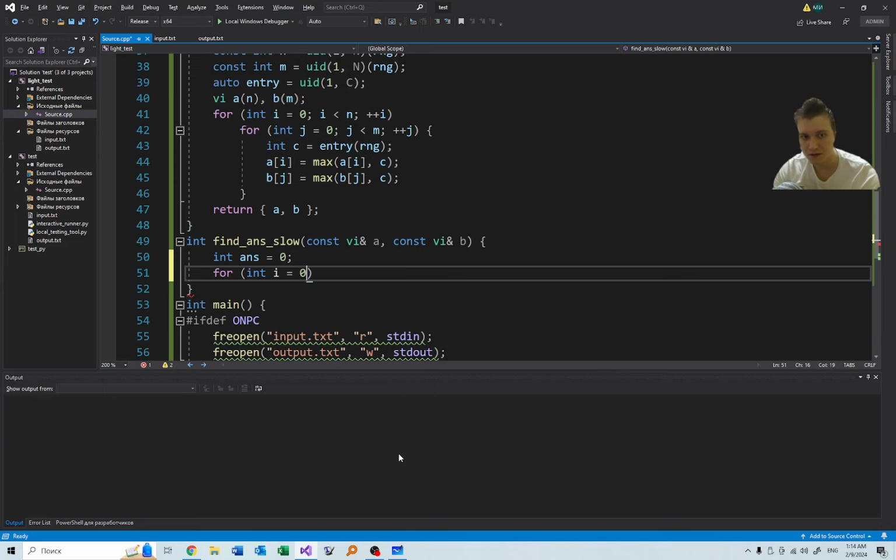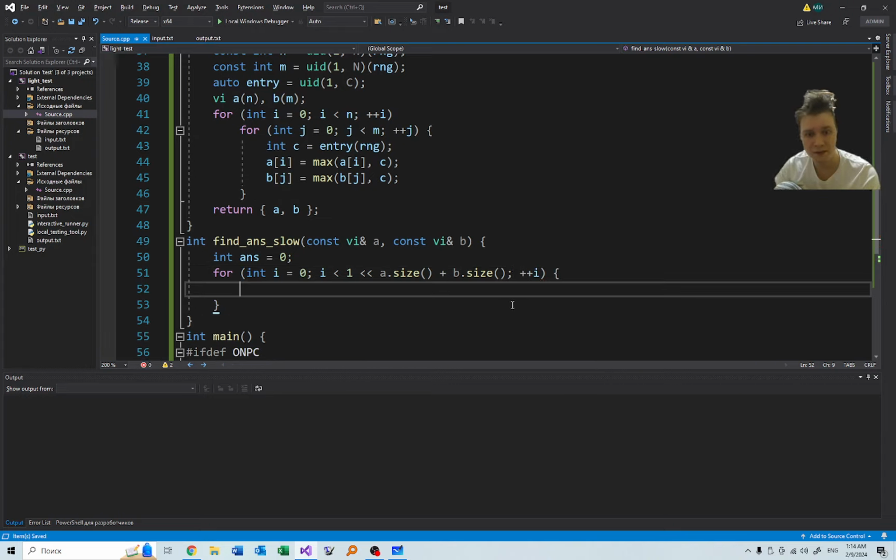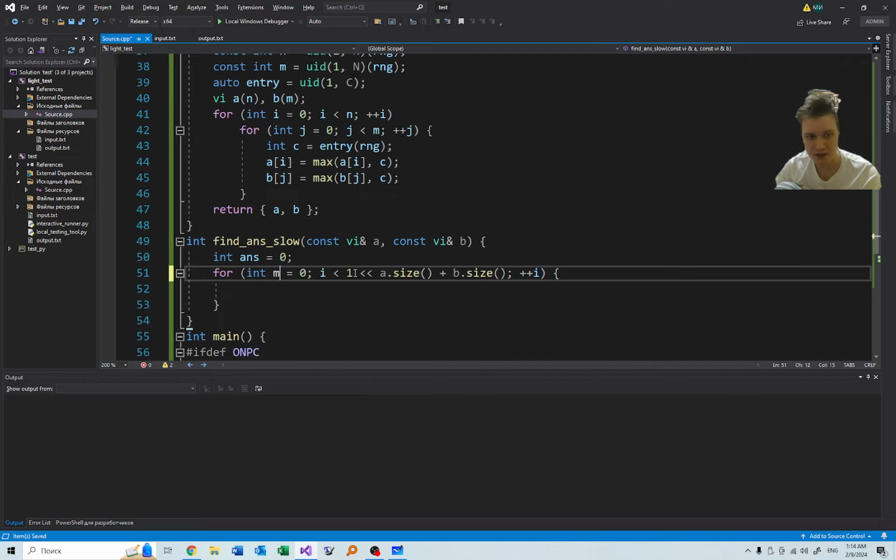So for int i equals 0, i less than 1 to the power of a dot size plus b dot size. Maybe I don't even need this. So the i is the mask. Now let's call it M since it is the mask.